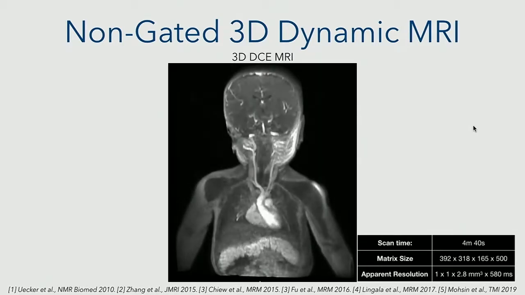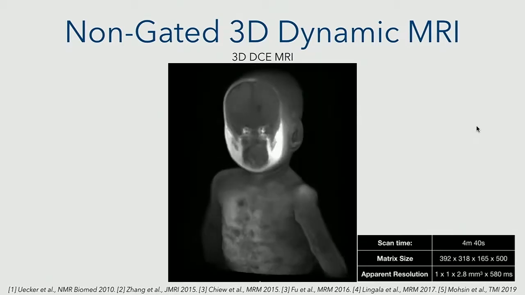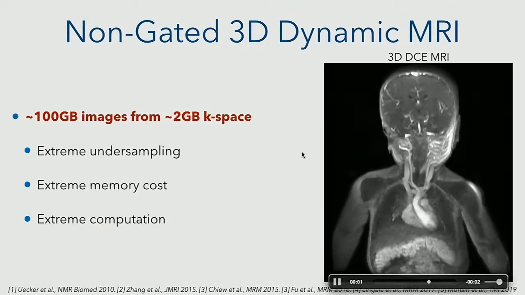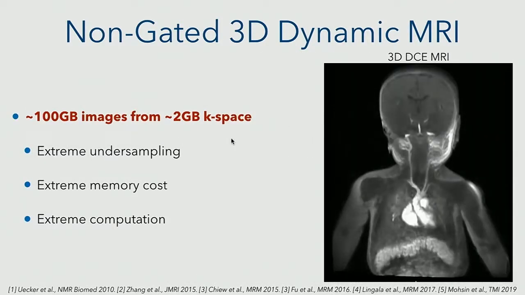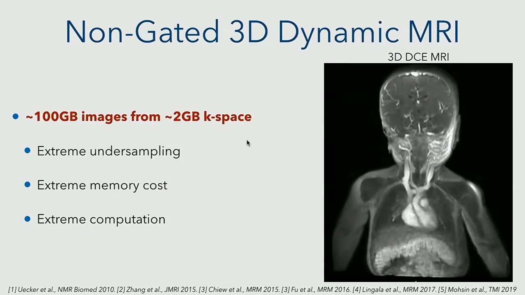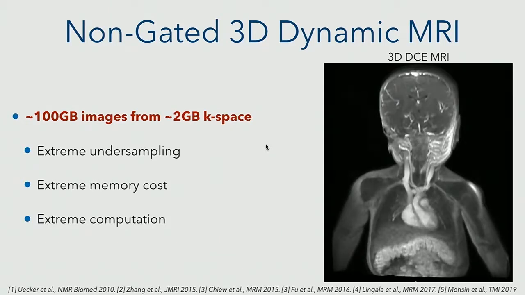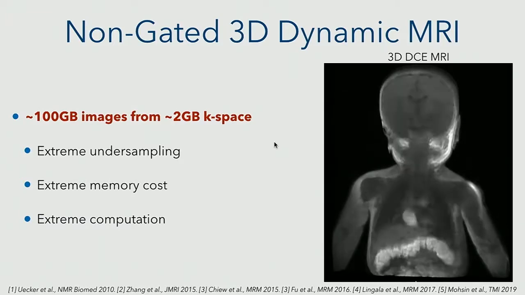Now, there are a few challenges involved in reconstructing this image. In particular, if you're looking at the data sizes, we're basically asking for a 100 gigabyte image from 2 gigabytes of K-space. And so there's the challenge of undersampling. But even if we manage to deal with it, there are also memory costs and computation that we have to take care of.